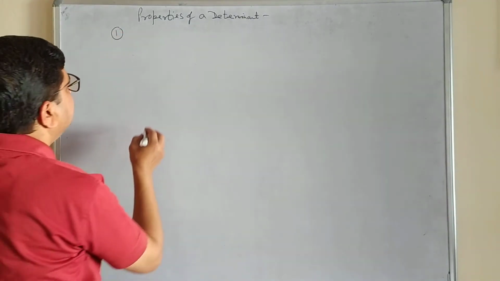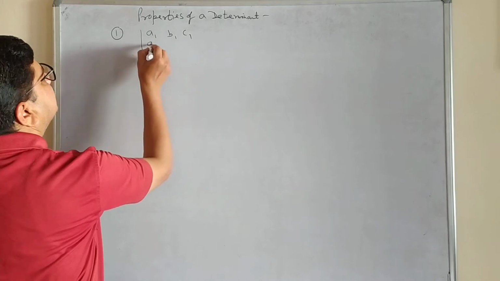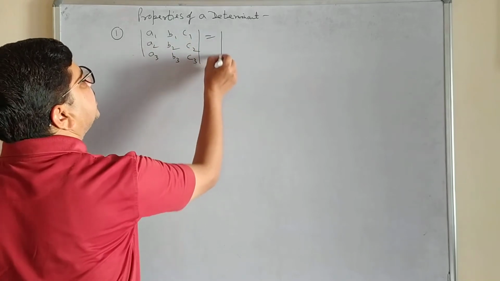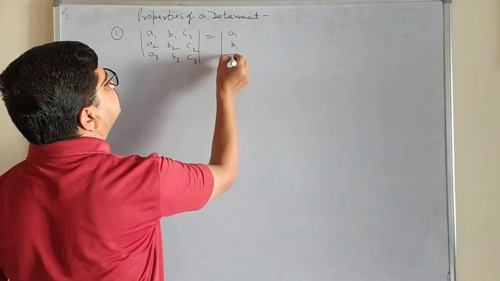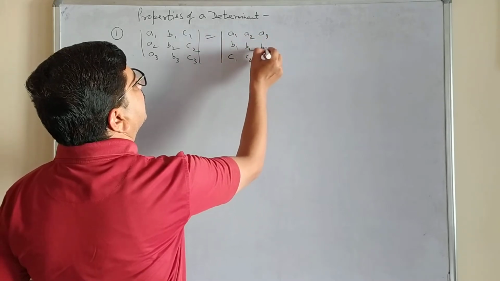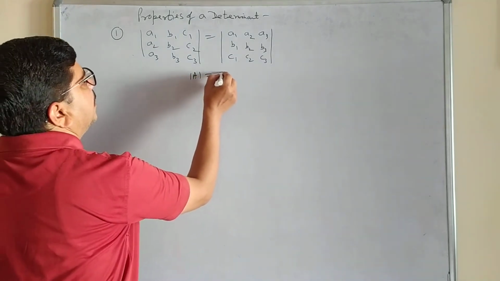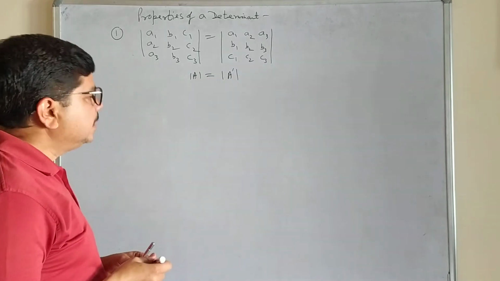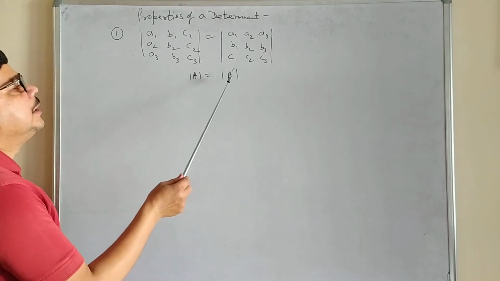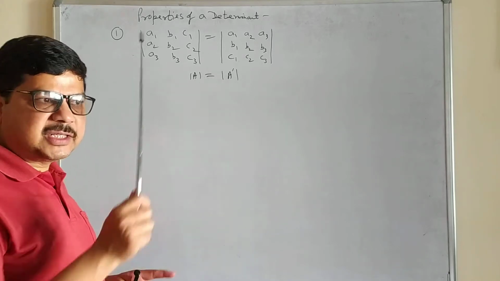First property: the value of determinant remains same if we interchange its rows or columns. Means the value of the determinant of matrix A and the value of determinant of its transpose, because we know when we interchange the rows and columns it is known as transpose of the matrix.